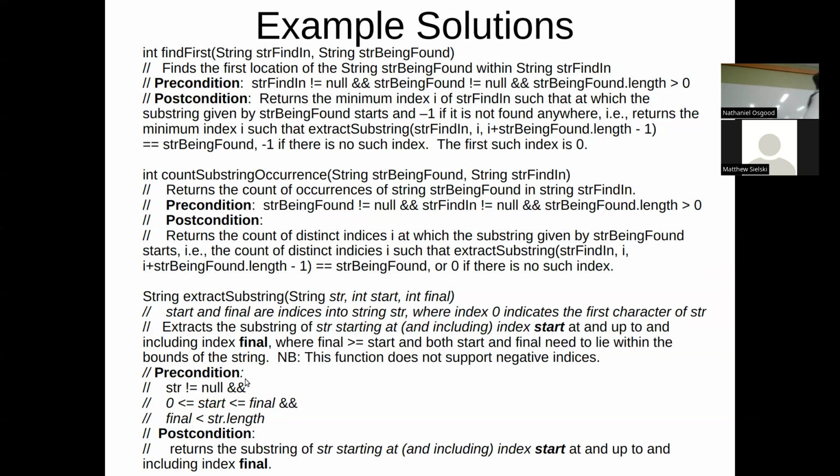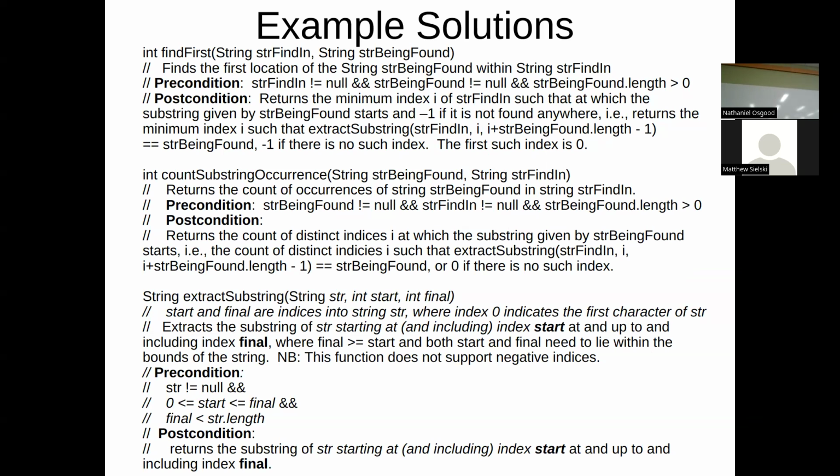But as a general point, I'll give you these slides to think about, and I think most of you got some of the issues. For the second one, you've got these mutual constraints between the string and its length and the logical relationship of start and final to that string.